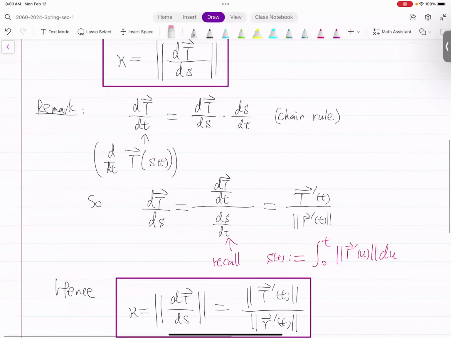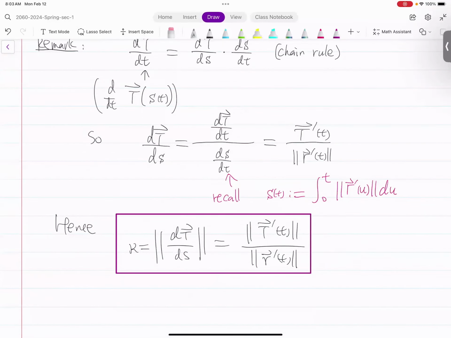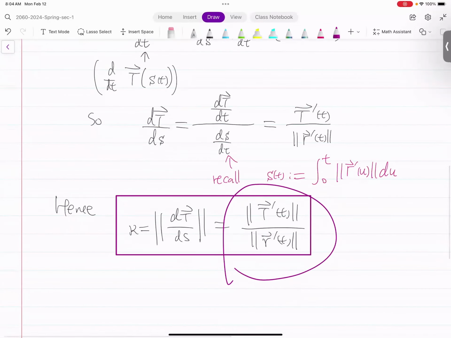And then we notice that we are able to reparameterize and use the chain rule to eventually calculate the curvature by the magnitude of cap T prime, which is essentially the rate of change of the unit tangent direction, and we divide by the magnitude of r prime, which is the rate of change of the arc length. Okay. So remark.